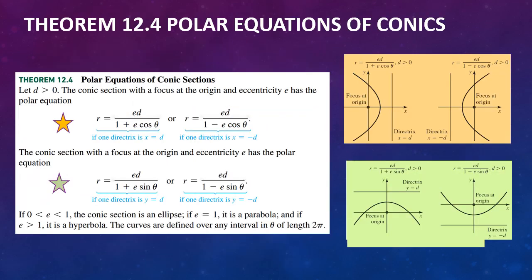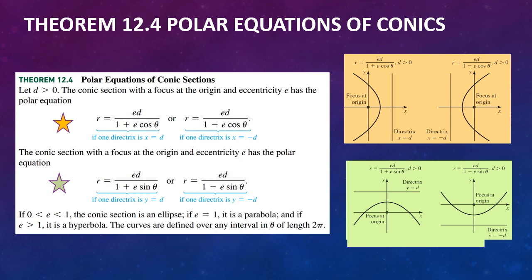So to summarize what we went through in the last slide, with both horizontal and vertical conic sections that you see in the orange and in the green to the right, we have a summary of the polar equations for these conic sections.